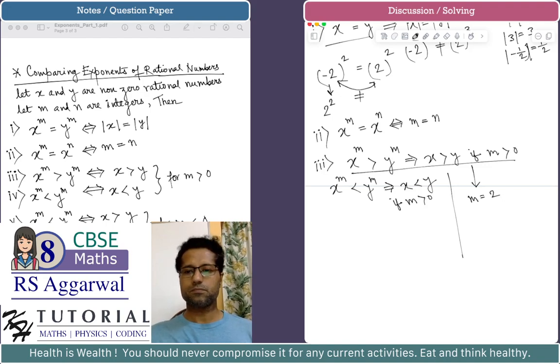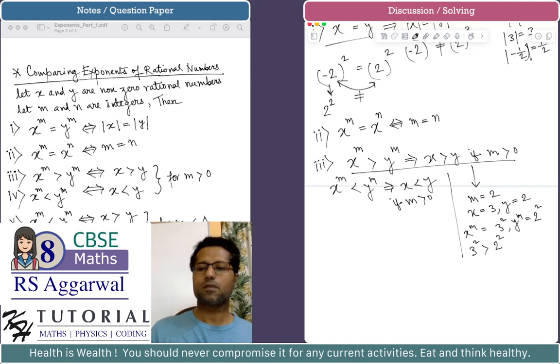Now let's consider x equals 3 and y equals 2. So now x to the power m is 3 square and y to the power m is 2 square. So we can see that 3 square is greater than 2 square.